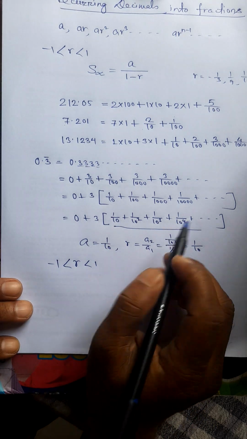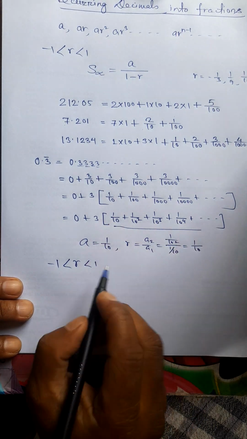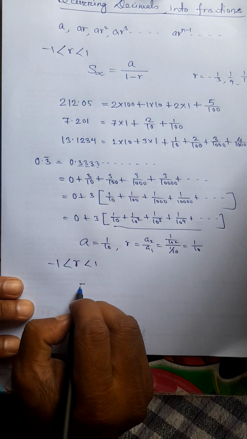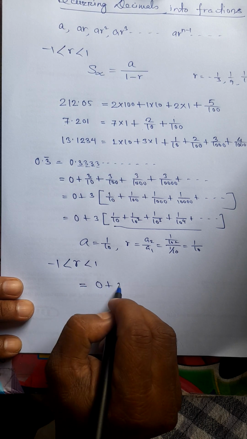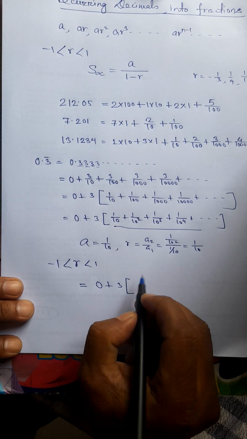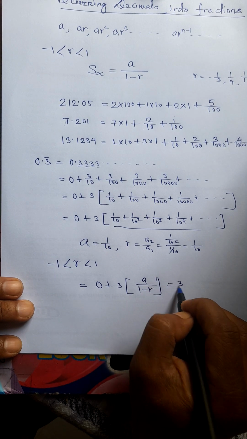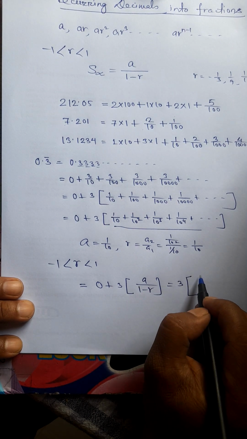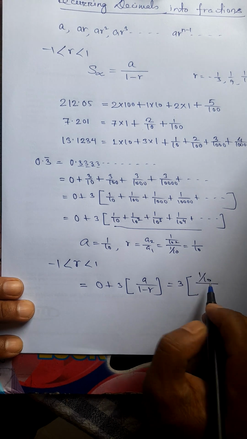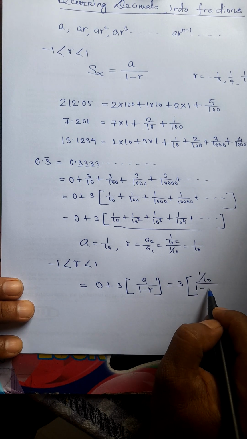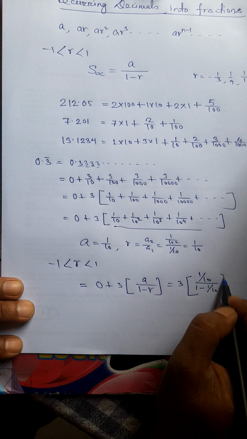So what is the sum of this GP series? So you will find that the sum of this GP series is 0 plus 3 multiplied by a divided by 1 minus r. Here a means 1 by 10, r means 1 by 10, so 1 minus 1 by 10.